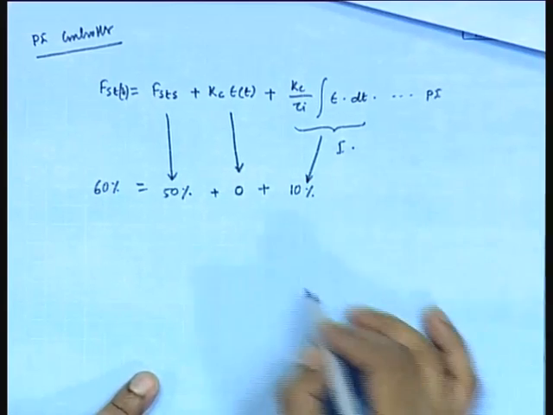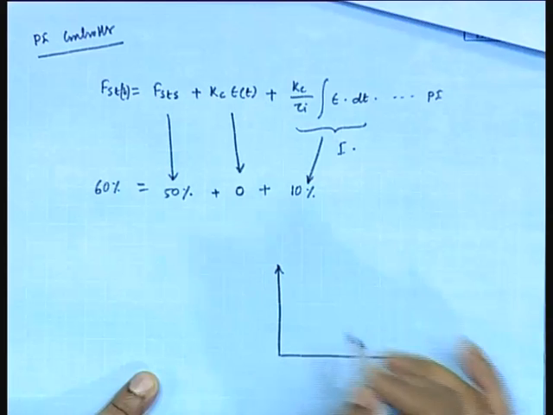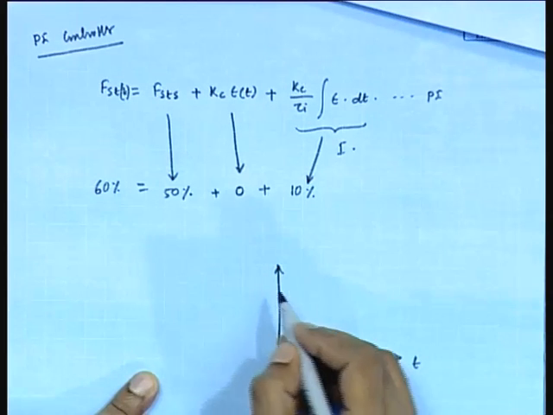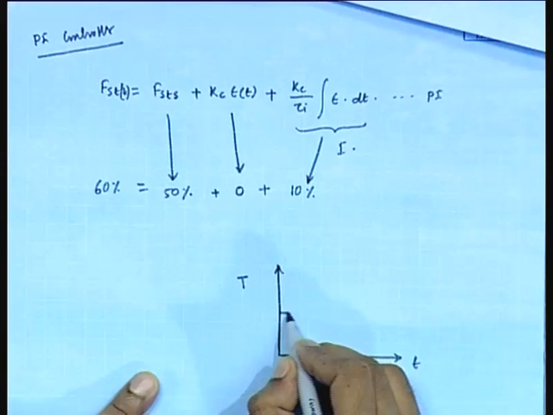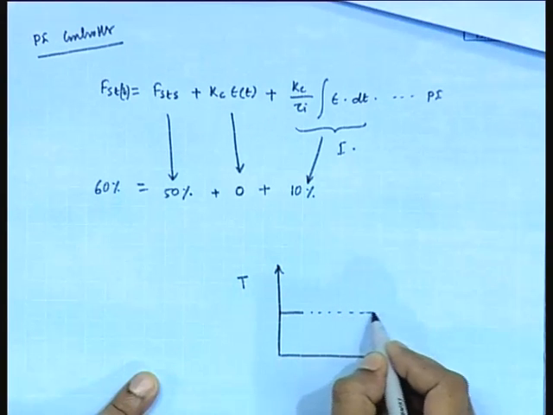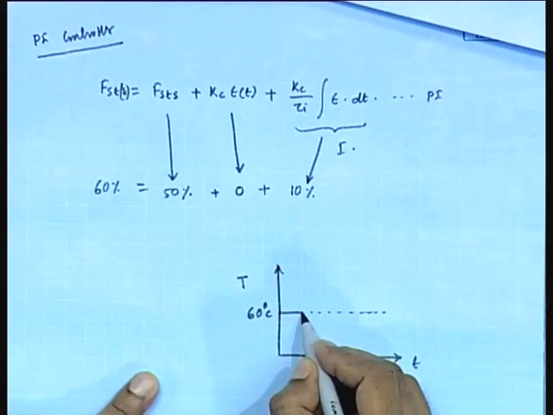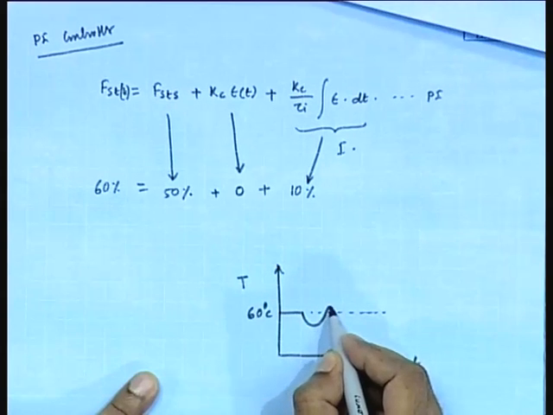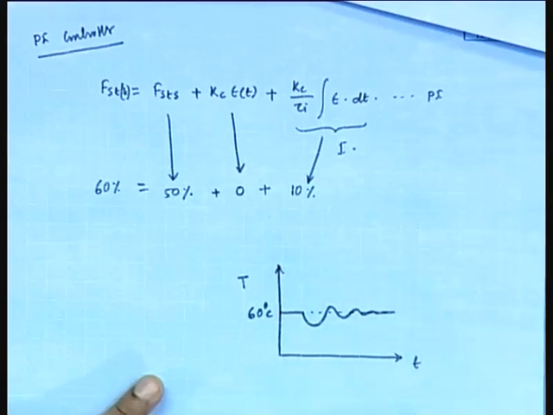If we see the plot, we observe that the process under PI controller reaches steady state value.